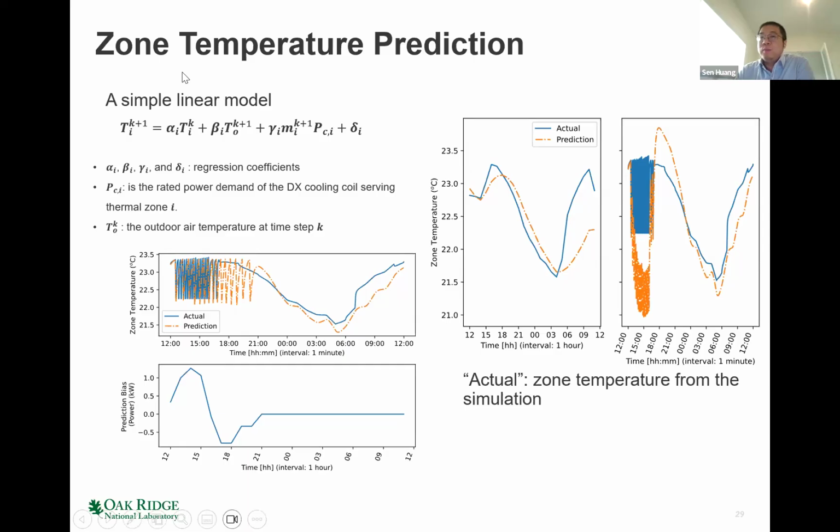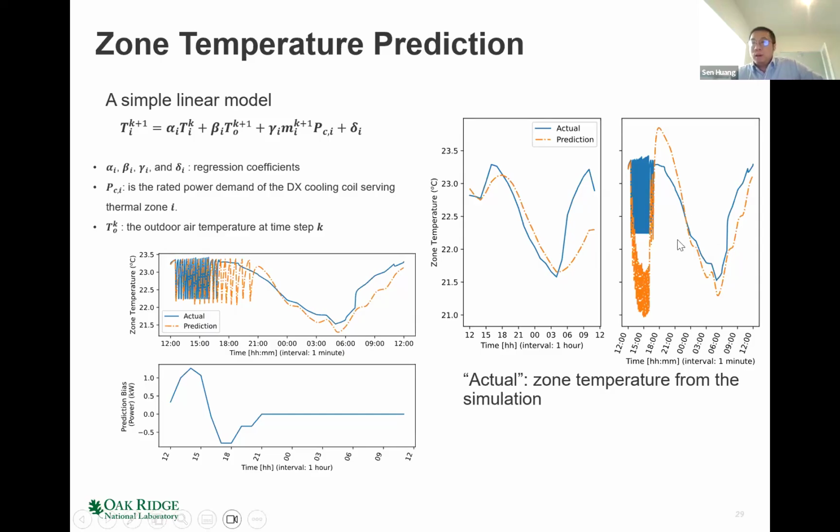We use it because it's a linear model that can be easily handled by most advanced optimization algorithms, and it's also very easy to train, because we can utilize a lot of tools to identify the parameters of the model using data from the real building. So the model is very simple, but the problem is that the accuracy is also not very good.